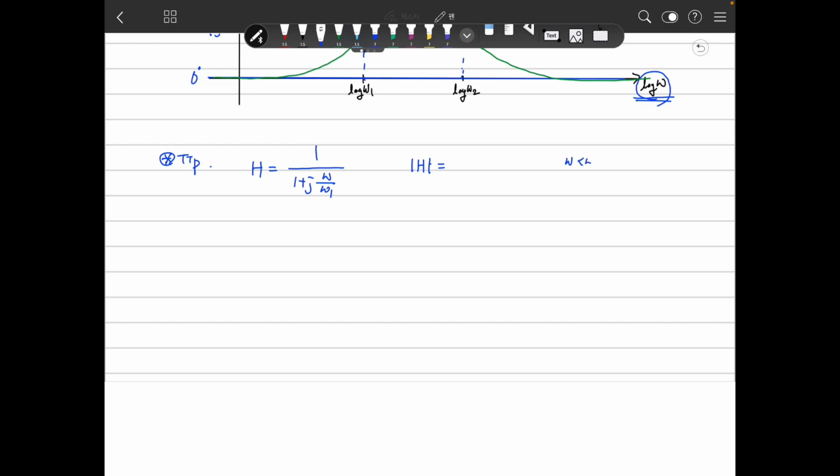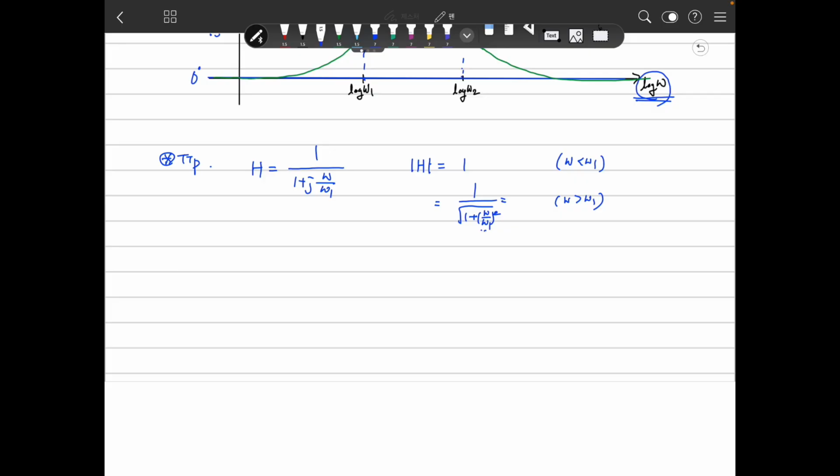When omega is smaller than omega 1, then what is that? That will be 1. Then when omega is higher than omega 1, the magnitude of that is the square root of 1 plus omega over omega 1 squared.